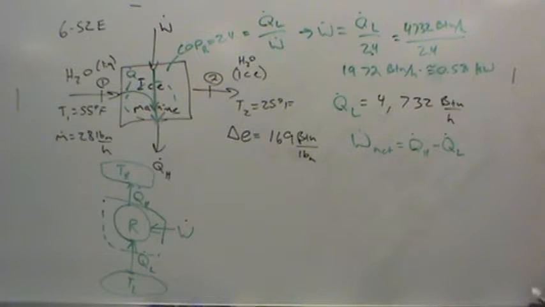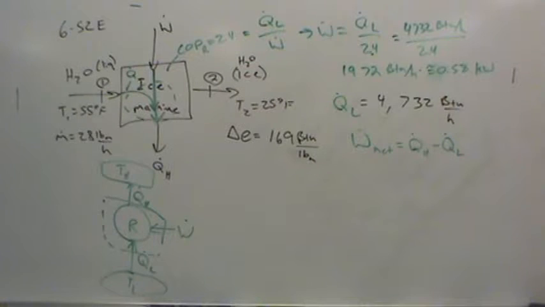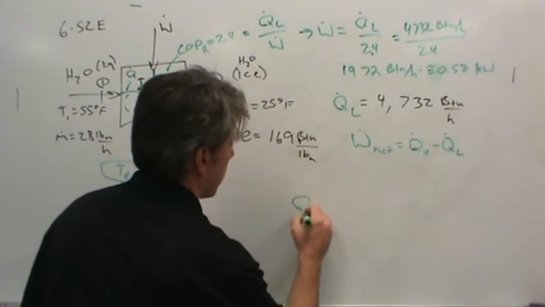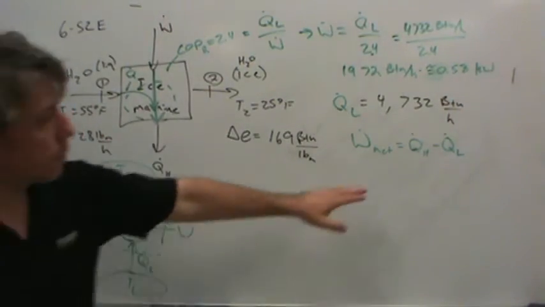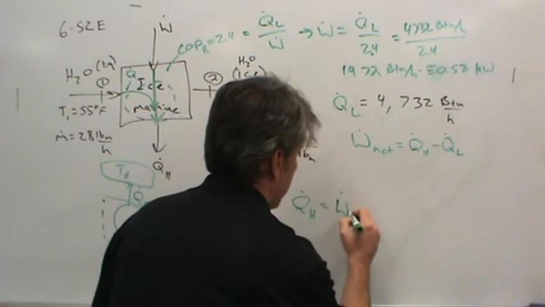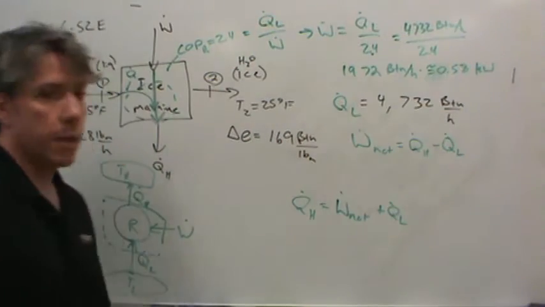Now, the other part I wanted to work with you that I haven't worked on in my solution is the amount of heat flow into the local environment. So Q dot H would be equal to, from this equation, the net power output plus the heat input.